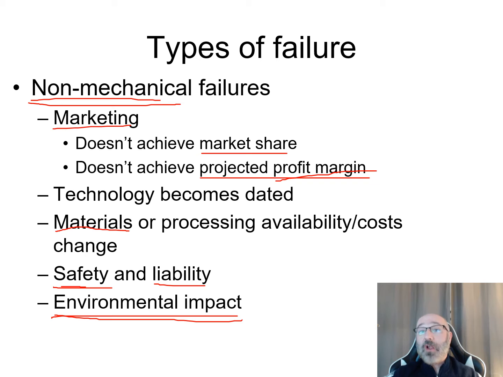You didn't follow all of that criteria that we talked about previously there, looking at all these standards and regulations that we need to follow. If it isn't designed for that, and all of a sudden there are these adverse environmental impacts, that right there could cause a non-mechanical failure right there, and the whole product, the whole part, whatever it is, could be yanked right out right there because of those environmental impacts.